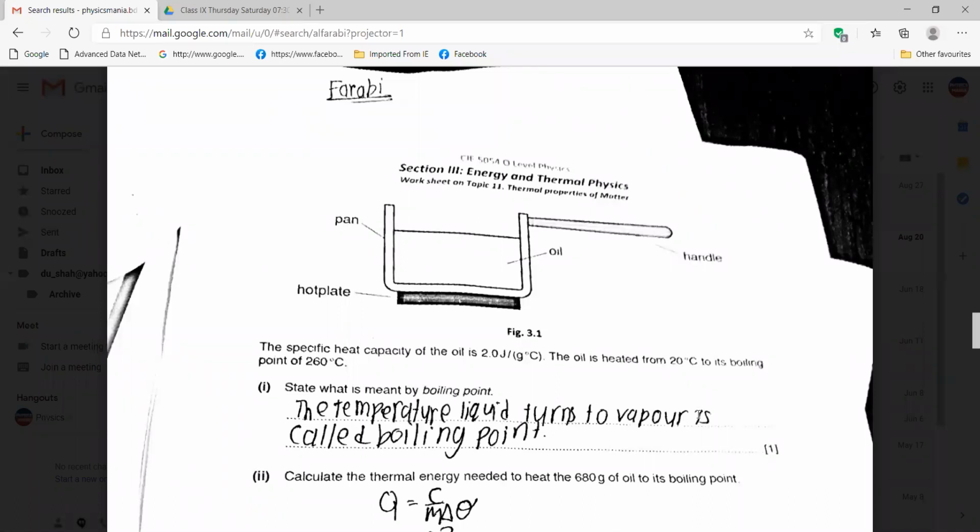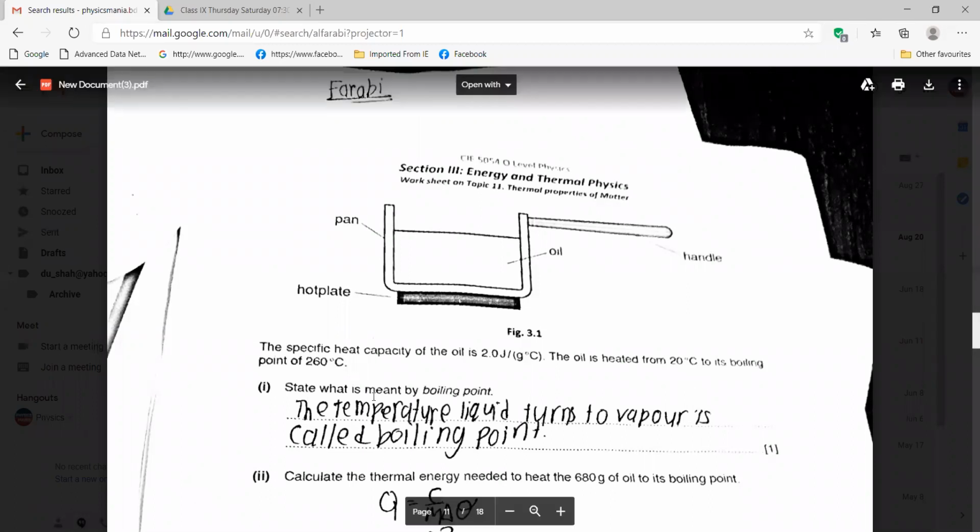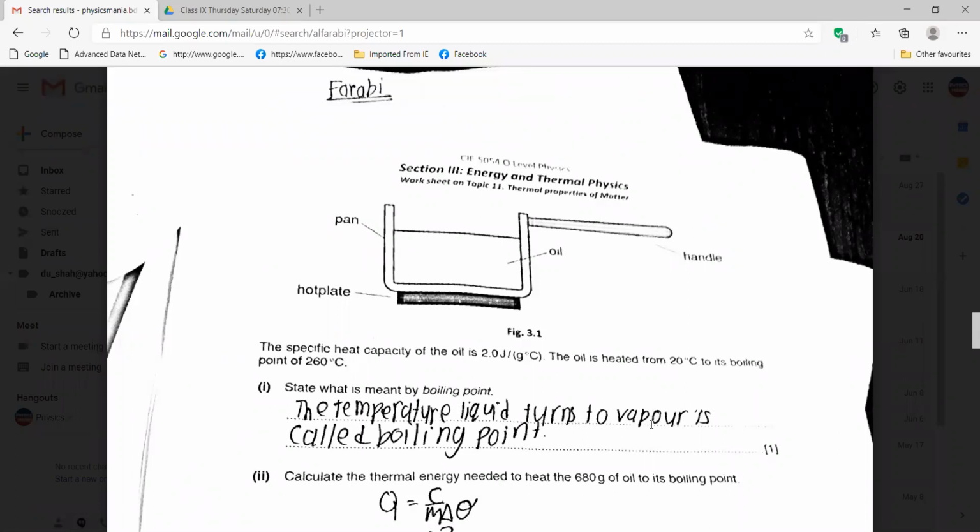After writing vapor, you also write on heating, because for boiling we have to give heat from the outside. Okay, external heat should be given from outside.